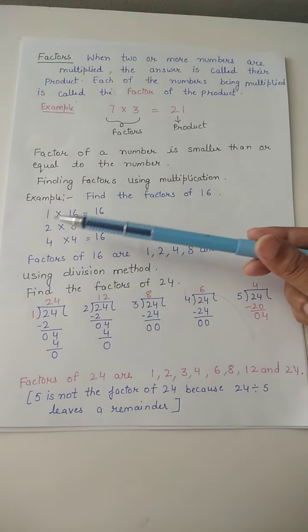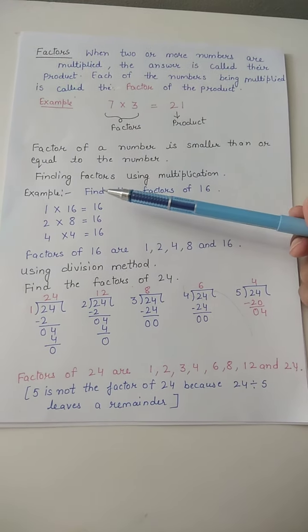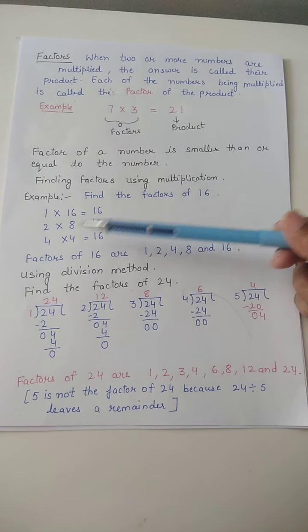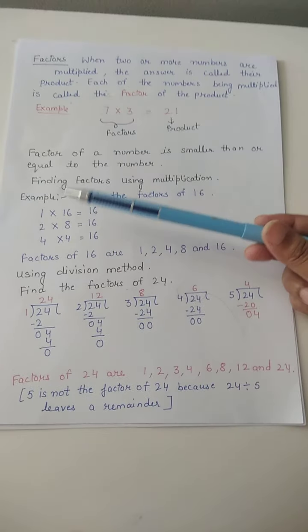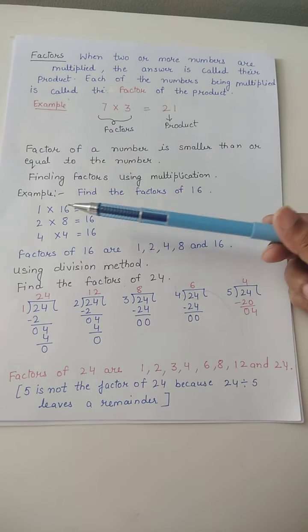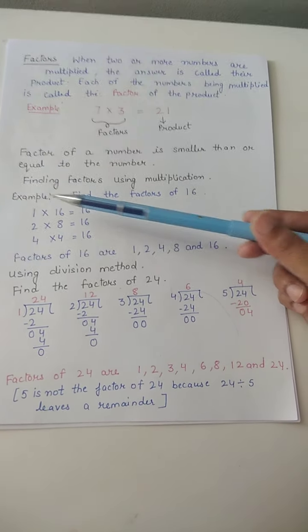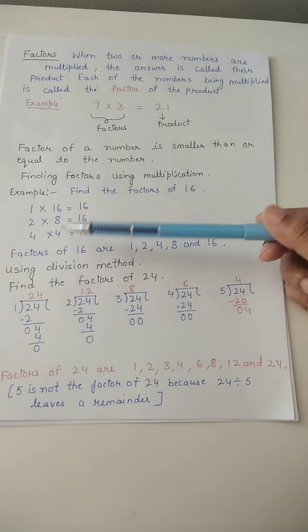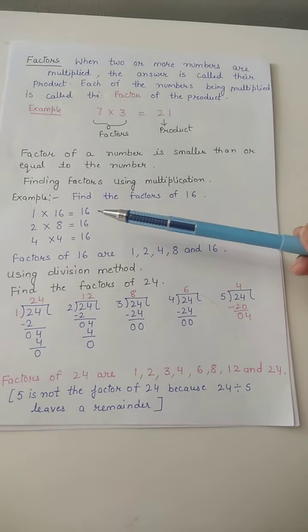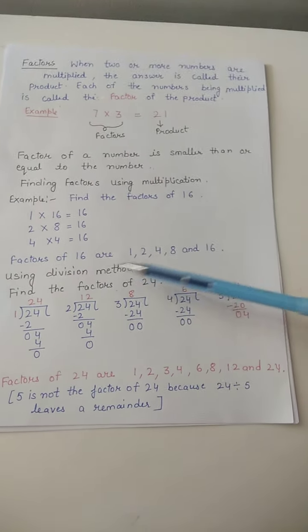Firstly, 1 multiplied by 16, what will come? 16. 2 8s are 16, 4 4s are 16, right? No other number is there for which 16 comes. So whatever numbers are here, like 1, 16, 2, 8, 4 and 4, these are all the factors of 16.